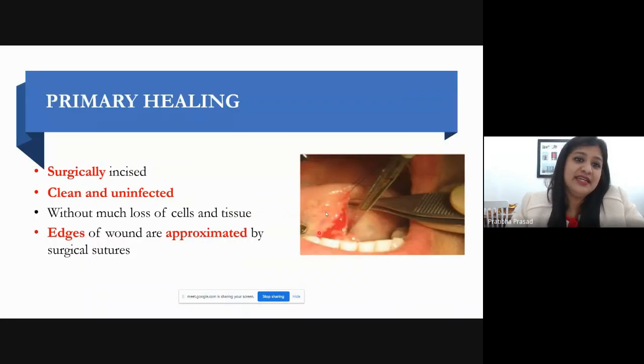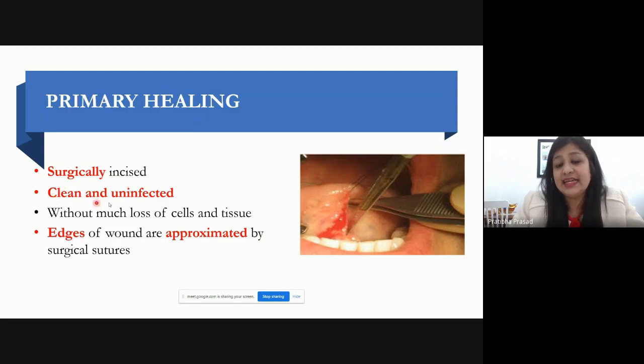Primary healing basically occurs whenever it is surgically induced. When a surgeon has made an incision for some reason, either to treat, to take a biopsy, or to remove some unwanted tissue, it undergoes healing by primary intention.